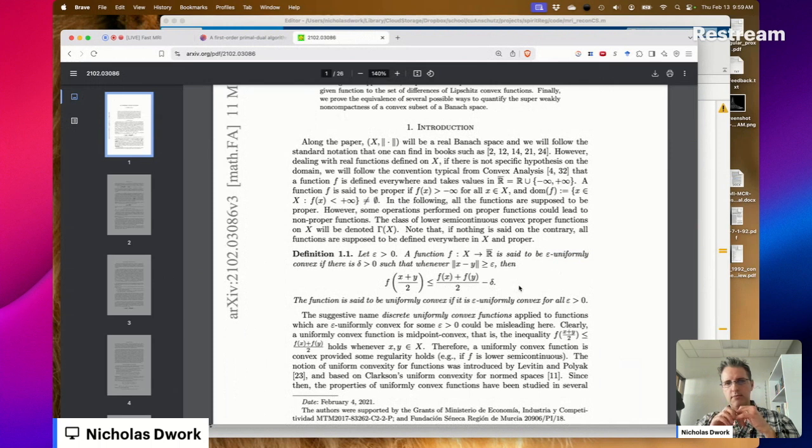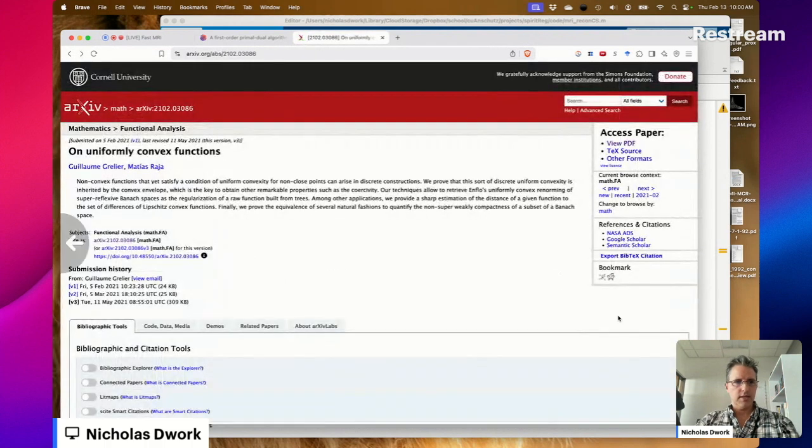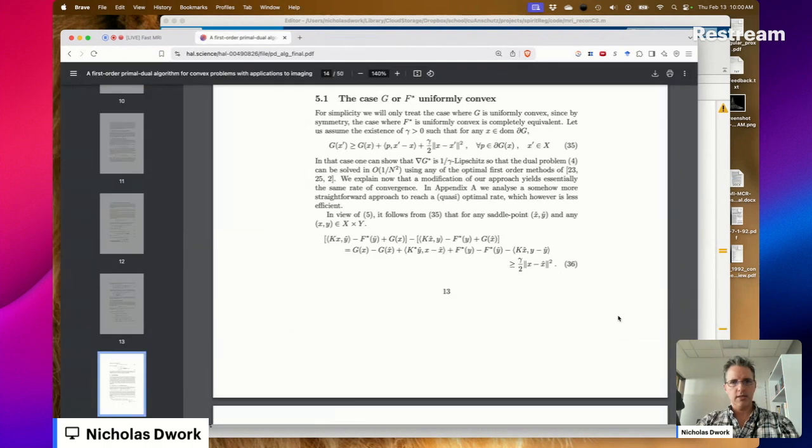So I think a constant function is not uniformly convex, right? Because then this value would equal this. So it wouldn't be less than delta. Is that what they mean by uniformly convex?